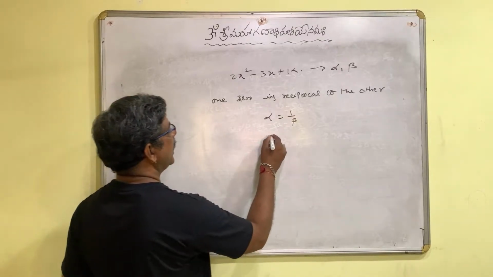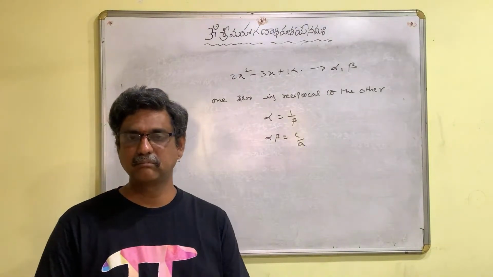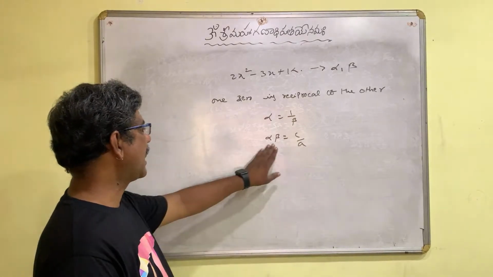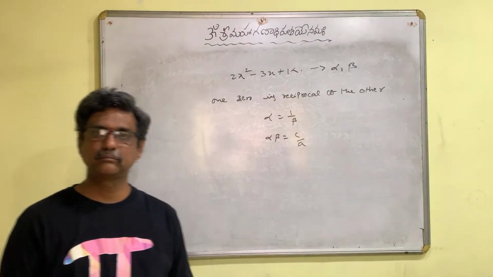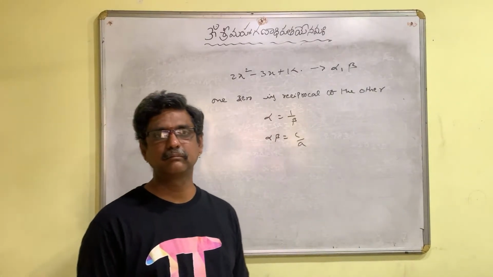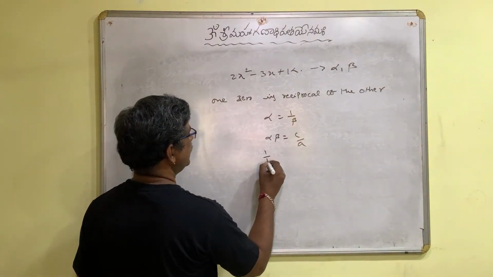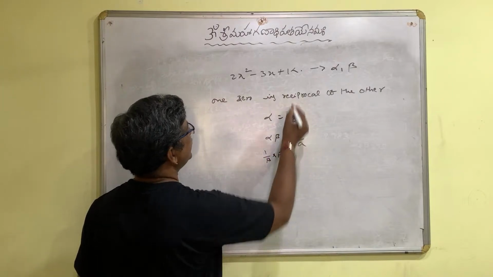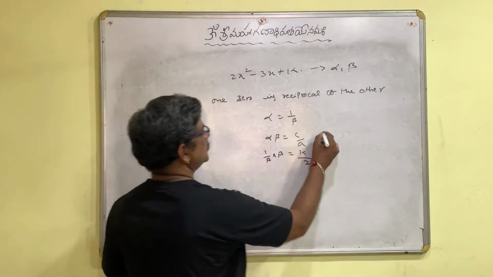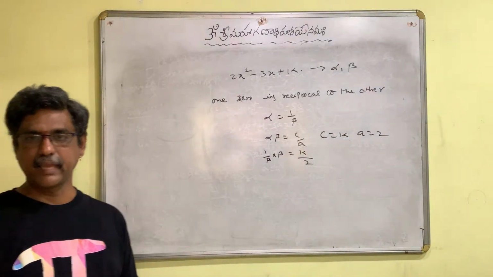We know alpha beta is c by a. We observed the relation between zeros and coefficients. So alpha beta is c by a. Now insert alpha as 1 by beta, into beta, is equal to c by a. c is k, a is 2, so c by a is k by 2.